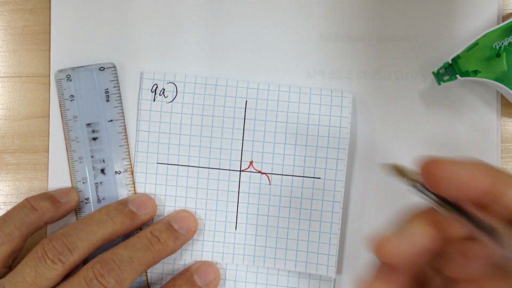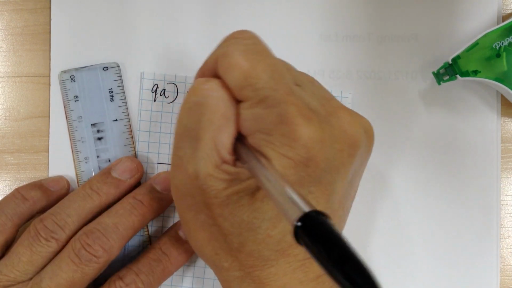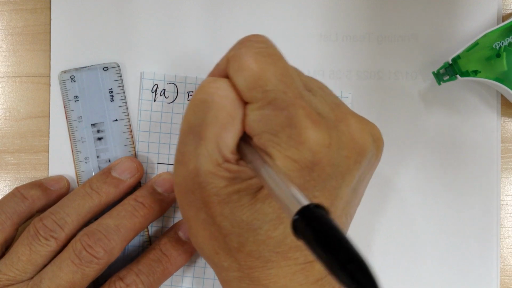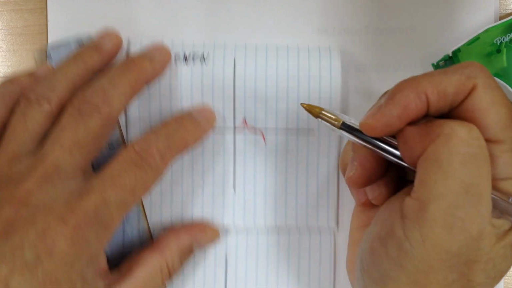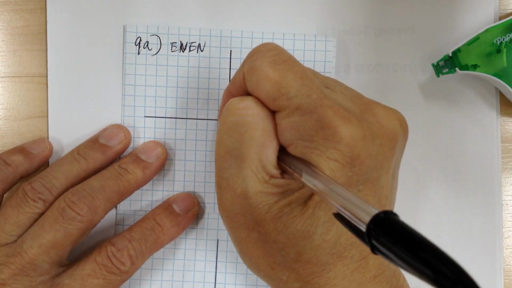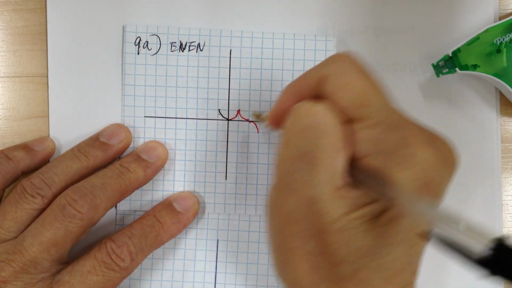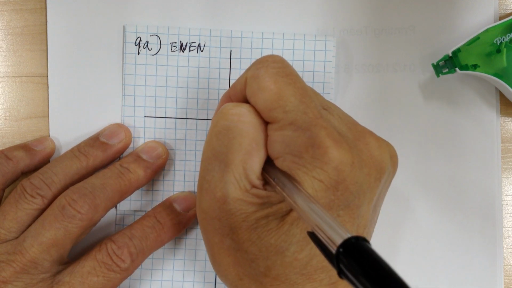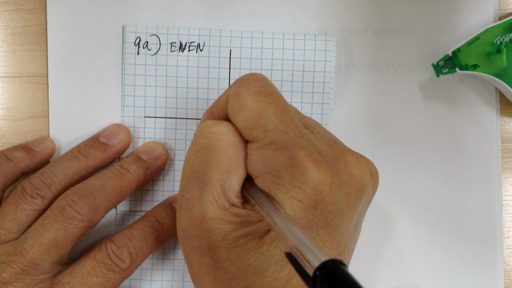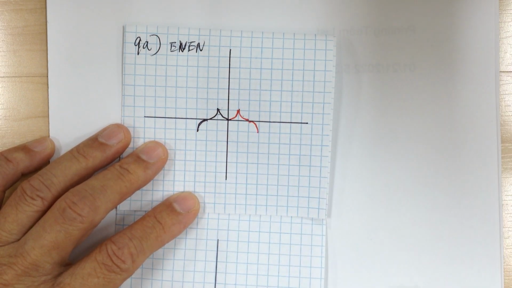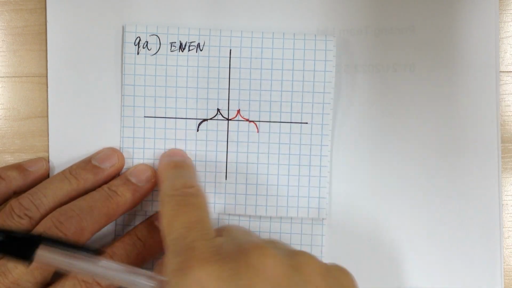Okay, so first you want to make it even. So you just reflect it over. So just use the reflection. This one you reflect over, you get this. This one you reflect over, you're going to get like this. And this one reflect over, you're going to get like this. Okay, so that's how you make the even.